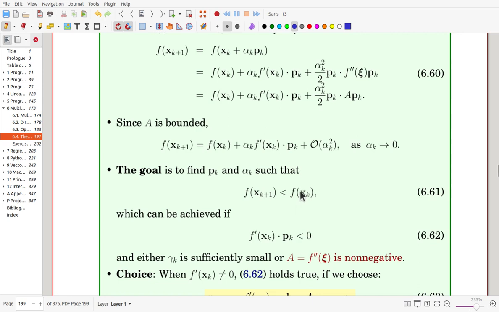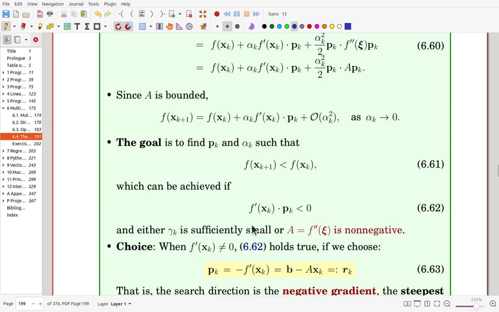Once we choose p_k as a direction that is the negation of the gradient of f, then that portion will be negative, and when alpha_k is sufficiently small, and since A is symmetric positive definite, this term is always non-negative, in fact positive, so that the whole expression is smaller than 0 and the goal will be achieved.